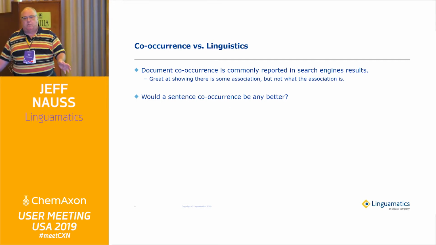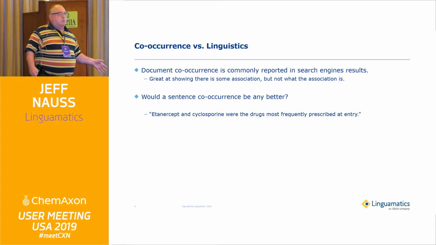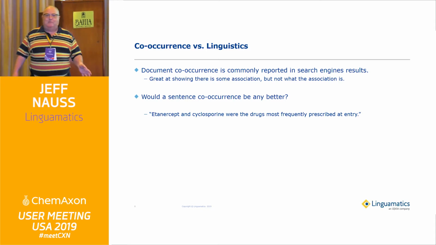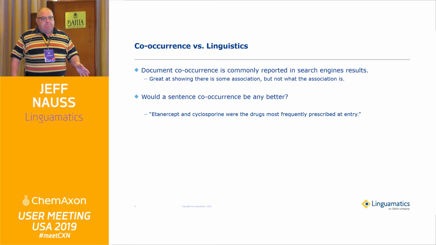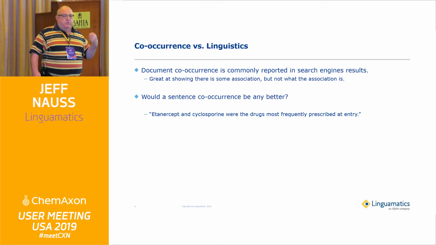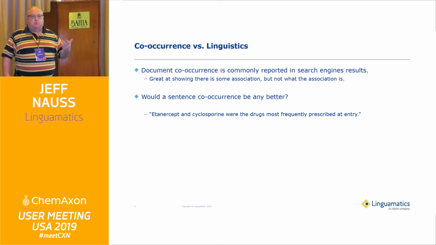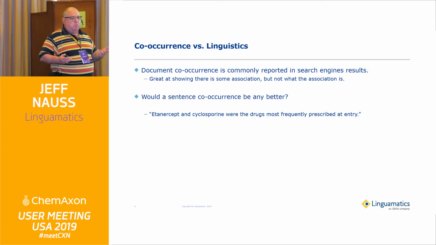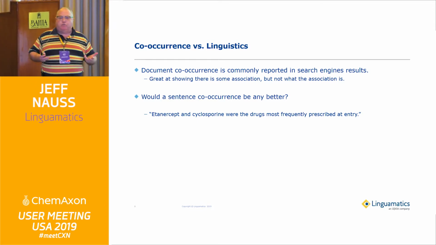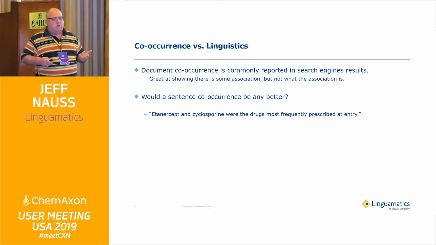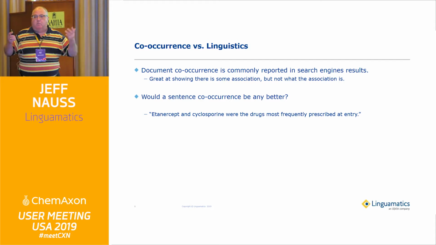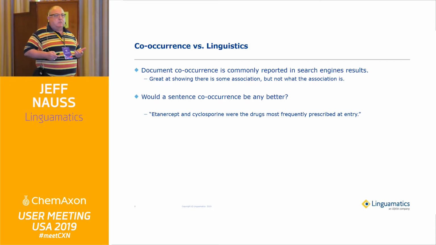Well, let's take a look at a couple of sentences. This first one, I'll leave it to y'all to read it. And in our mind, we look at that and we think, etanercept and cyclosporin are somewhat co-equal. There's somewhat of similar value in the treatment of whatever disease is being discussed here. Great, we got a relationship. They're roughly the same thing.